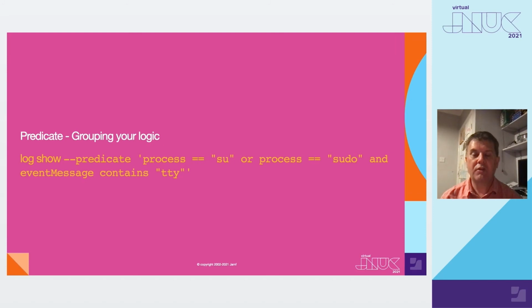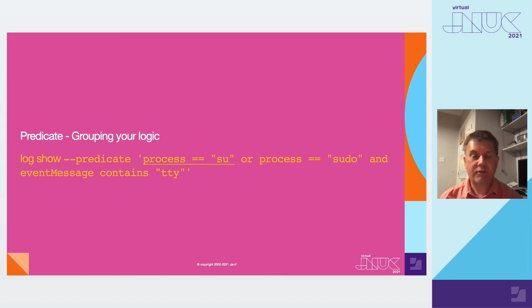This is one way to identify whether these processes were executed from the command line by a user, because their event messages will contain TTY. This example won't give you exactly what you want, because the way it's going to execute the logic is it's going to first do the first process. It's going to find any event message that originates from su, no matter how su was enacted.